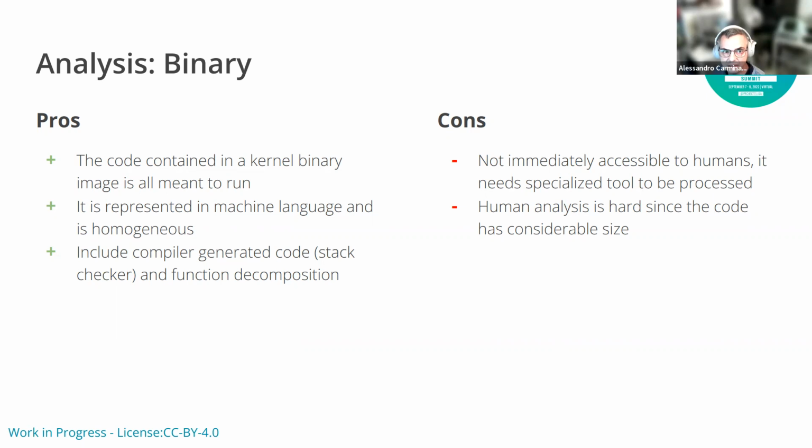In addition to this, if the debug information is included, references to source code are also available, and we have everything we need. On the con side, handling binaries is difficult if performed by humans. Specific tools are needed to read binaries. And machine language verbosity makes it difficult for humans to read and analyze the code. Because our plan is not to make humans deal with the analysis, these cons listed here are not very relevant.